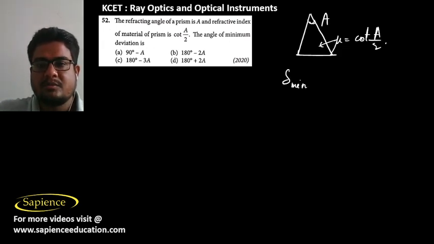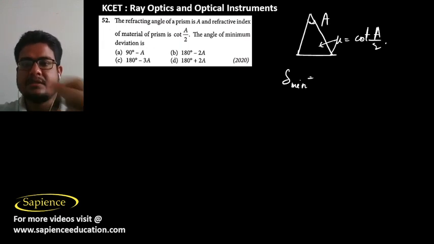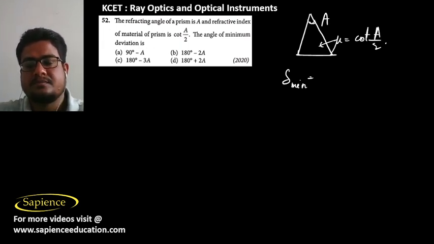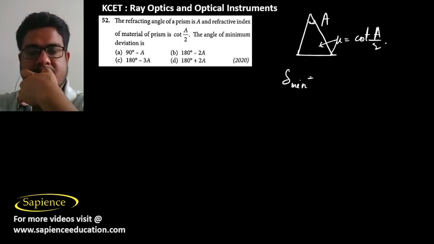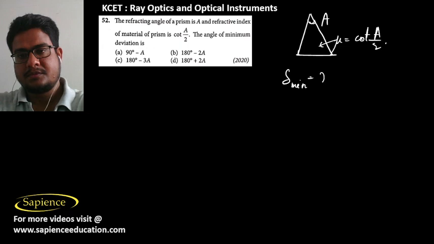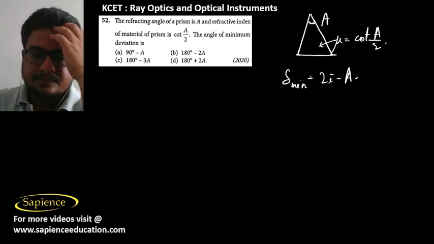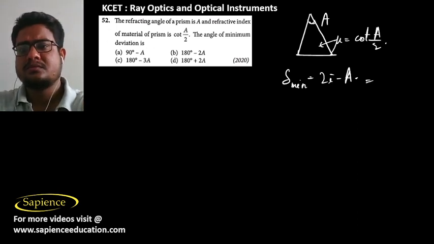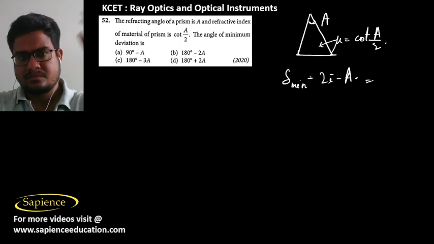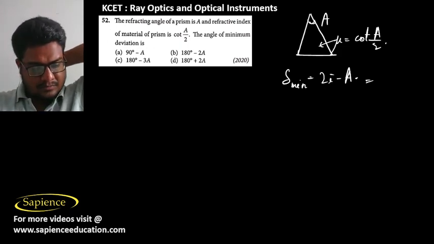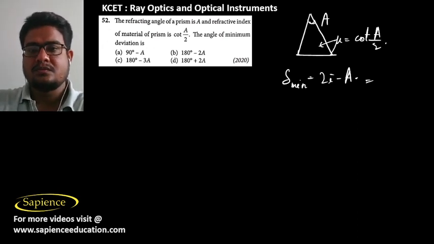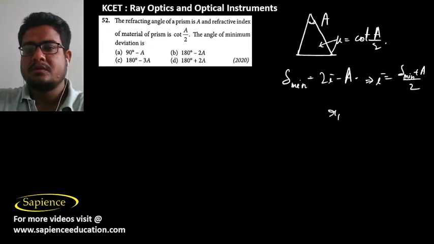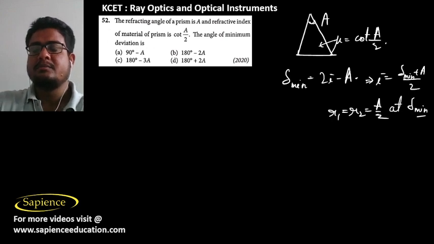Therefore, the angle of minimum deviation is given as delta minimum equal to 2i minus A. Therefore, i will be equal to delta minimum plus A by 2, and r1 will be equal to r2, which is equal to A by 2 at minimum deviation.